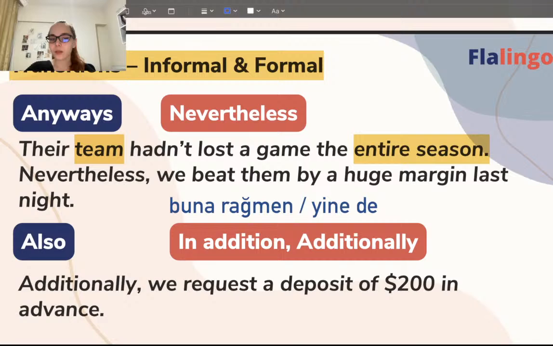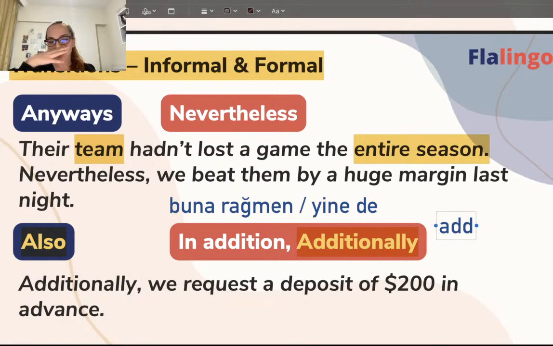And I can also say "also," if I want to add something, if I want to continue my sentences, I can use this transition also. But this is not formal, so this is an informal word. So we can say in addition or additionally. It's actually coming from the verb add. Add. And yeah, in addition, additionally, I'm adding something.